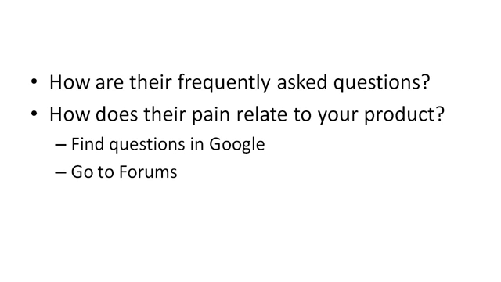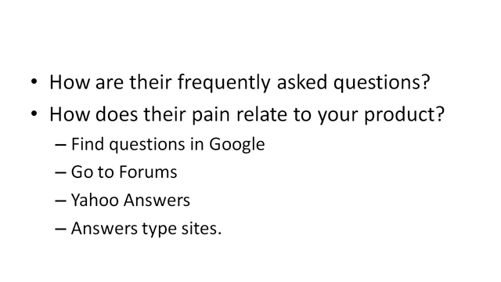So you're going to go to forums, you can go to Yahoo Answers. There are many different types of search engines that are surrounding answers like Yahoo Answers and Answers.com and other things like that. Really what we're trying to figure out are the most common and frequently asked questions that people are asking. So answer type sites.